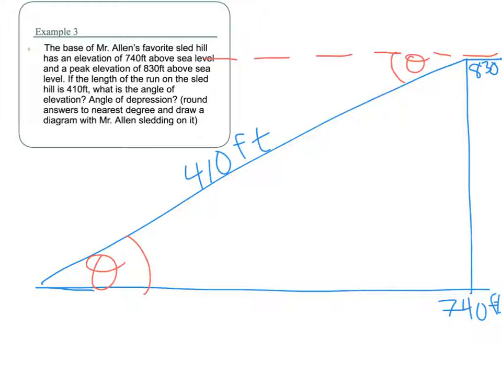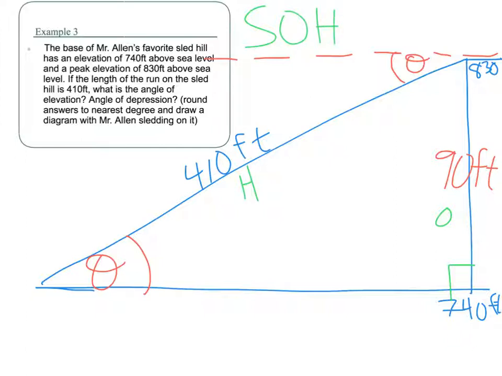All right. Well, how am I going to do this? Well, it looks like with the 830 and the 740, I've got 90 feet right here. Okay, it's got 90 feet for that height right there. So I've got myself a triangle with an opposite side over here. And I've got my hypotenuse, right, because this is going to be a right angle right here. I've got my opposite and my hypotenuse. Well, which one is that? So I can set up a sine function to figure this out.